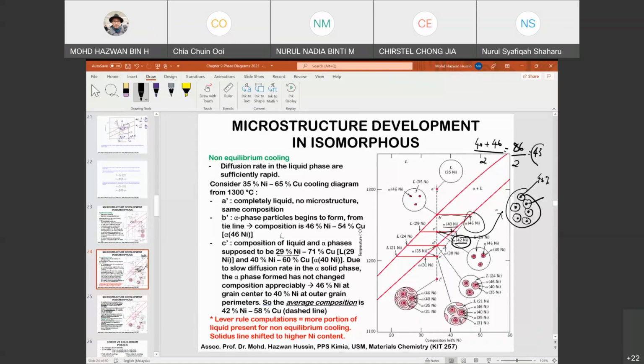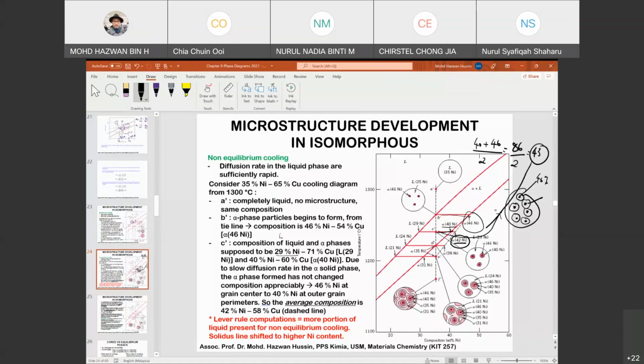So this is the average or the actual composition of alpha in non-equilibrium cooling. And if you ask me why we have to consider 43 instead of 40, as I said, it forms a layer, a layer of solidification.